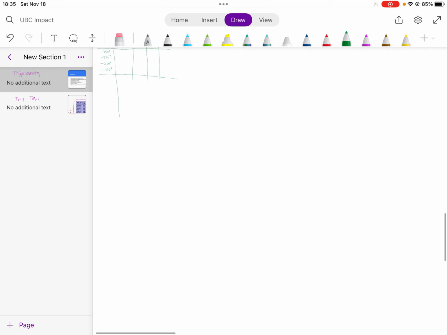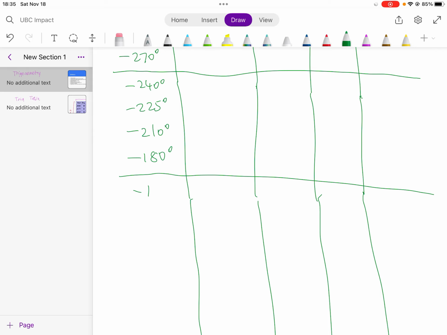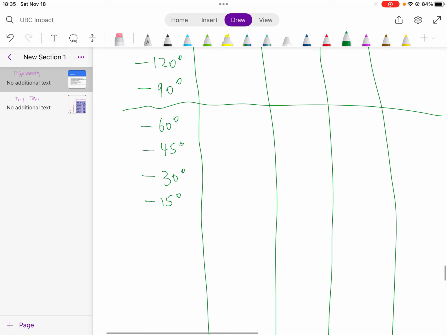Okay, it's going to go pretty long, so let's make it longer. And if we keep going, it will be negative 150 degrees, negative 135 degrees, negative 120 degrees, negative 90 degrees, negative 60 degrees, negative 45 degrees, negative 30 degrees, and 0 degrees.